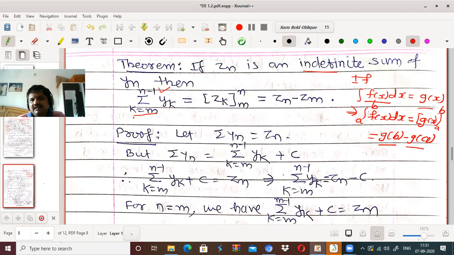So in the definite integral, we directly put the upper limit minus the lower limit. Here, whatever the summation comes, suppose zn is the summation of yn, then how to find the definite sum of yn from k equals m to n minus 1.